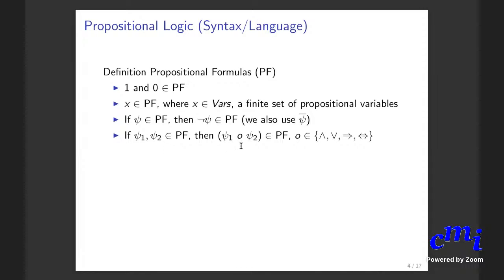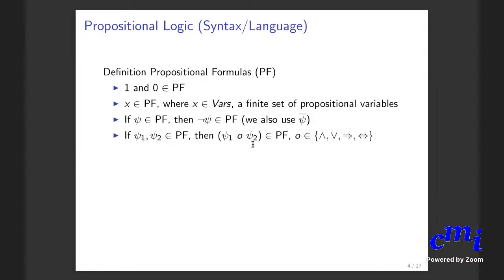Then you can use binary connectives. In the language that I'm defining, a binary connective can be the conjunction (and), disjunction (or), implication, or if and only if, two-way implication.